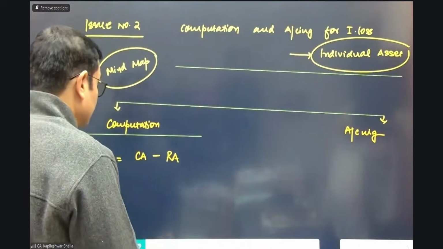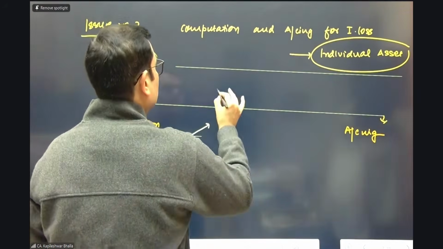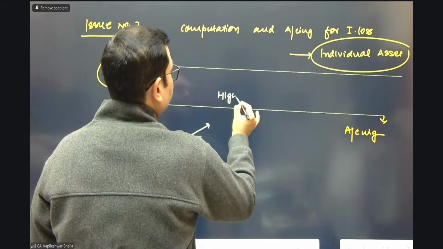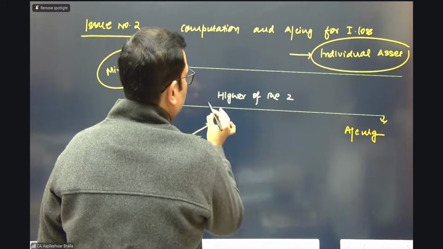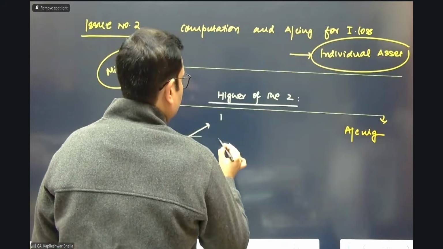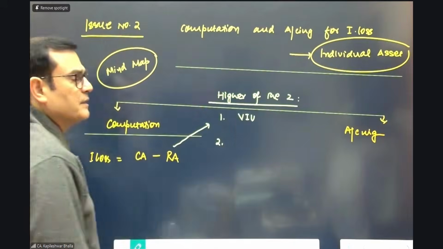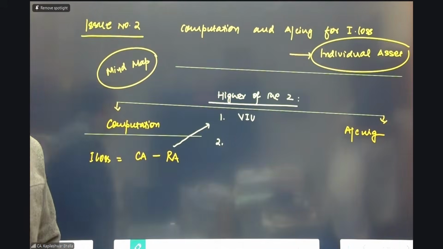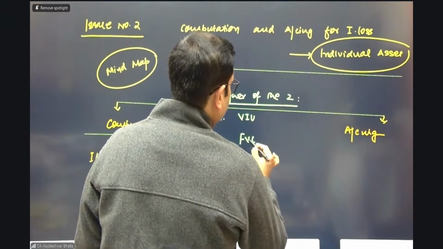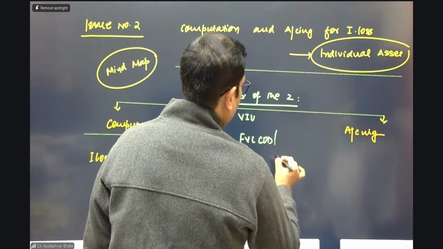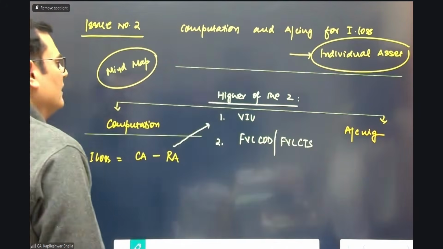And the concept of recoverable amount is supposed to be what? Higher of the two. And what is the higher of the two? Can I say one is the VIU, that is the value in use, and the other one is fair value less the cost of disposal, or you can call it fair value less the cost to sell, either of them.